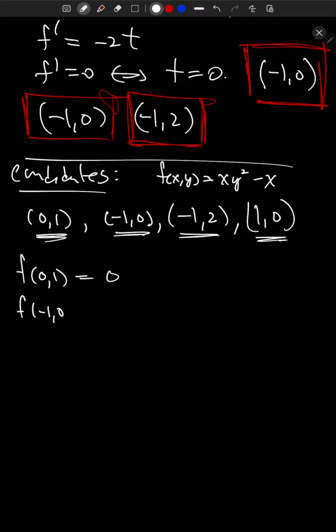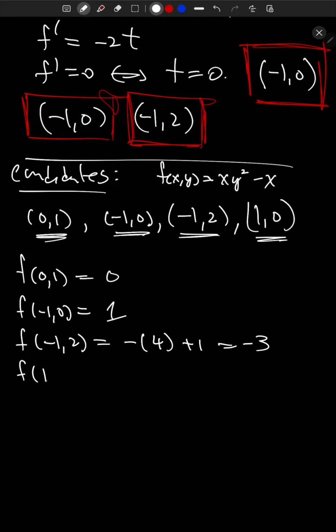F of minus 1 comma 0 is going to be 1. F of minus 1 comma 2 is going to be minus 4 plus 1, which is minus 3. And f of 1 comma 0 is going to be minus 1.